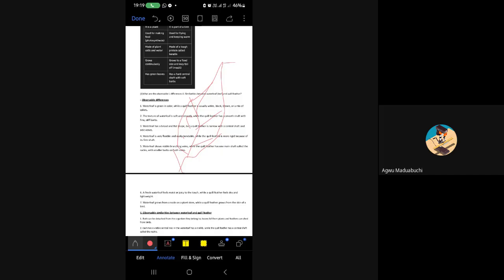But for water leaf, it doesn't have this structure like this. Let me clean this. Are we following me? Yes, ma. For water leaf, the structure ends in something like a V shape and it tapers out.